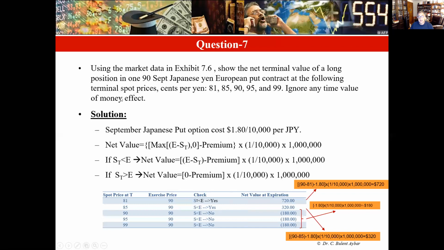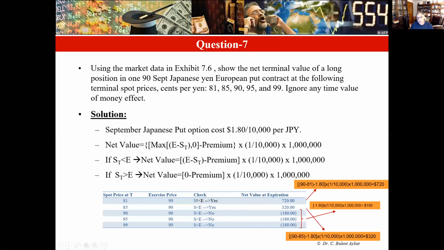So as I mentioned, the net value in this particular case will depend on the maximum of the exercise price minus the spot price at the time of expiration, and 0. So if this is positive, then we're going to pick that up as the option value.